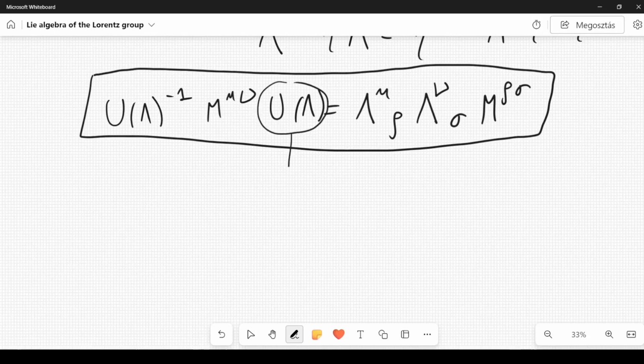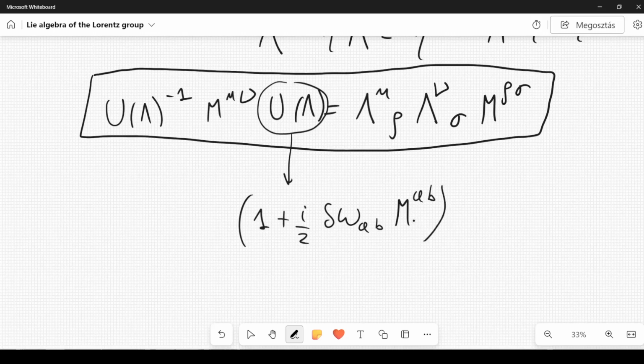This one here was defined like this: identity plus i over 2 delta omega prime, but now let's drop the prime here for convenience. And so delta omega is equal to delta omega prime. It is just for the sake of convenience, I want to avoid writing the primes. So delta omega AB M AB, we can write it like this.